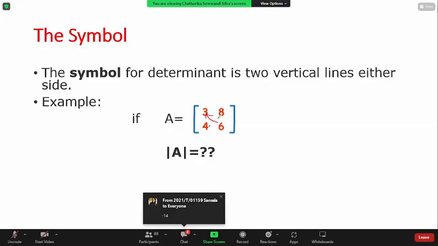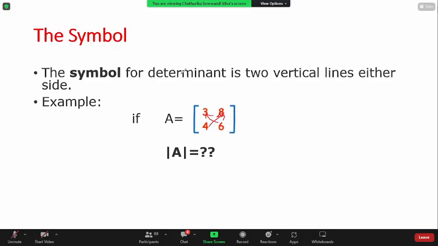So here, I'm writing 6 multiplied by 3 minus 4 multiplied by 8. Right, this is how to calculate.